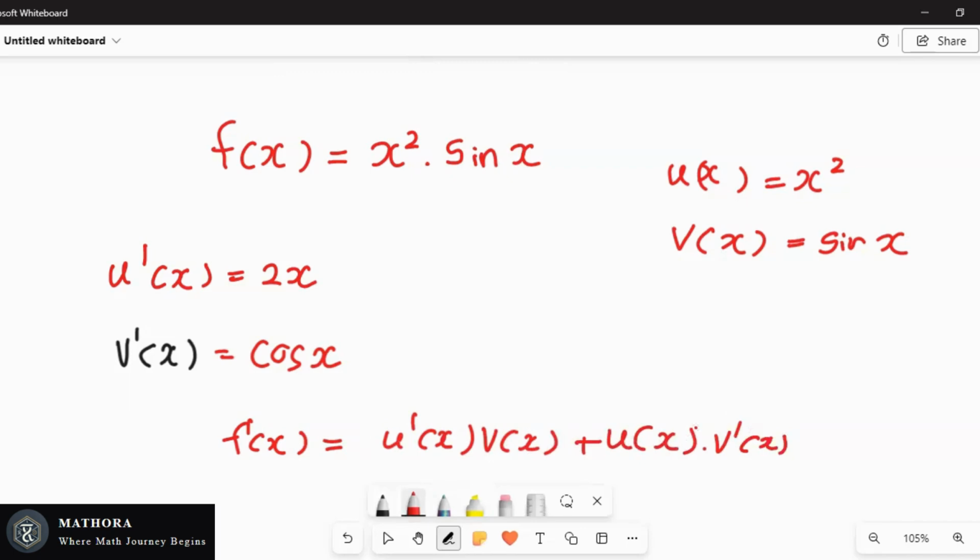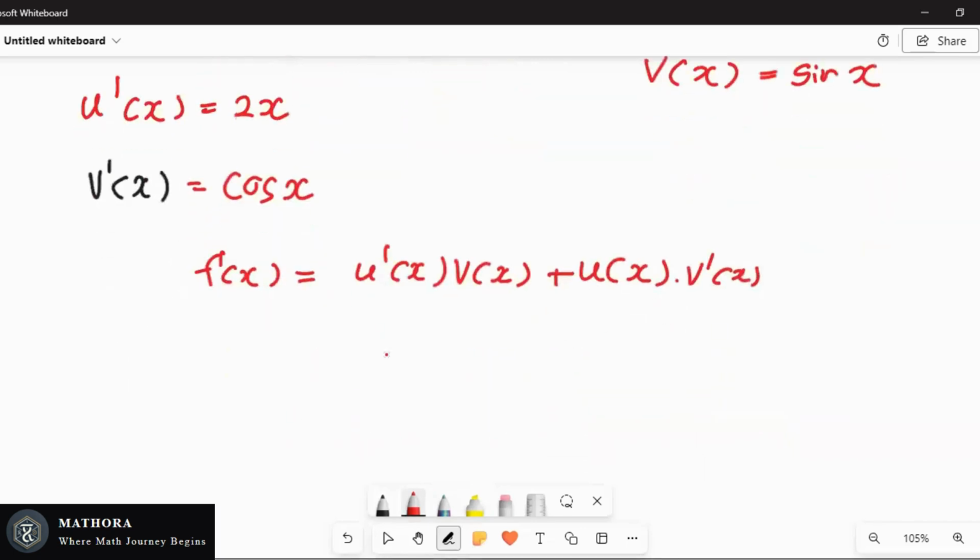So u dash x is 2x multiplied by v(x), simply sin x, plus u(x), which is x to the power of 2, times v dash x, which is cos x. So this is the derivative of f(x).